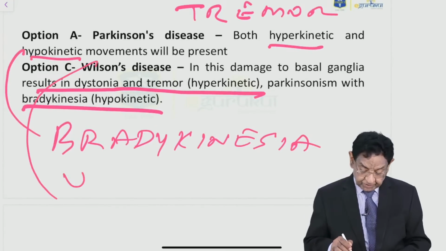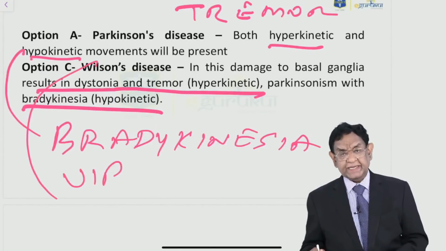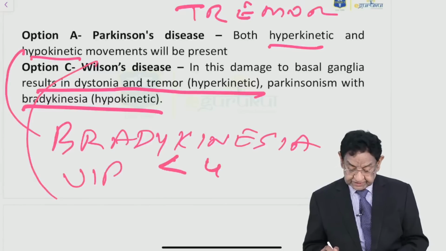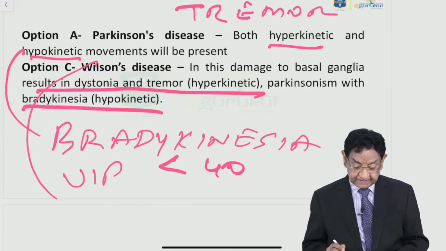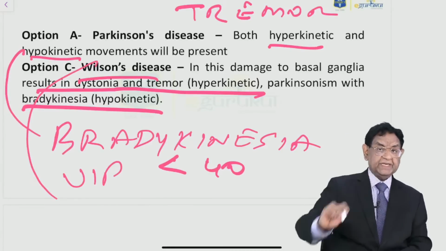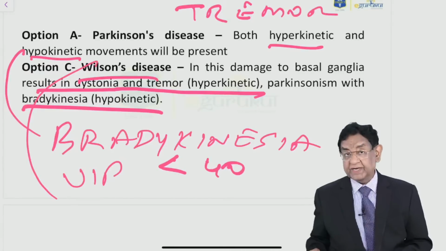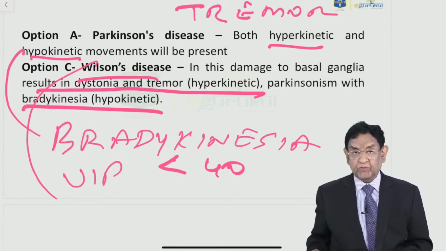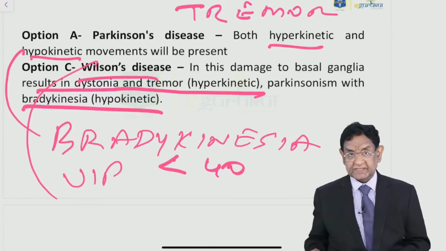This is a VVIP topic. Whenever you are getting a patient below 40 years with Parkinson-like features, think of Wilson disease.